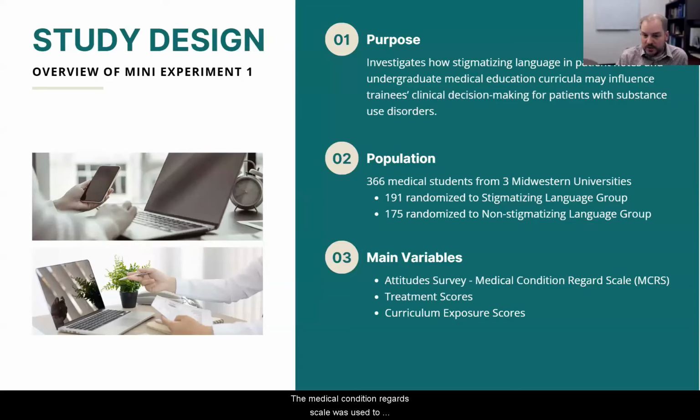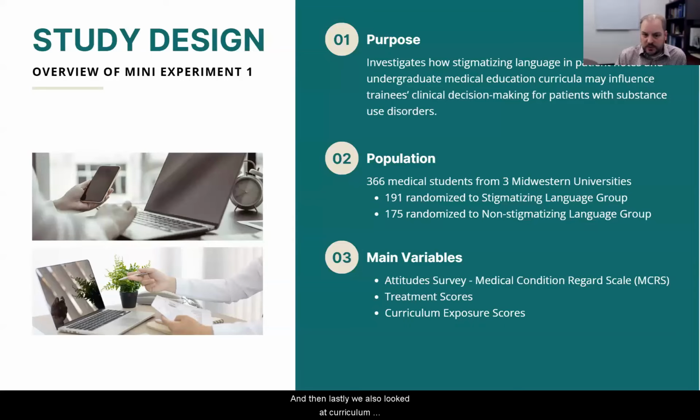The medical condition regard scale was used to gauge participants' attitudes towards their patients based on the language they got, either the stigmatizing or non-stigmatizing language in the patient's document. And then secondly, we also looked at treatment scores, whereby a score of 0 indicated that the student suggested no form of treatment for the fictitious patient, whereas a score of 6 indicated that the student wanted to be most aggressive with their treatment.